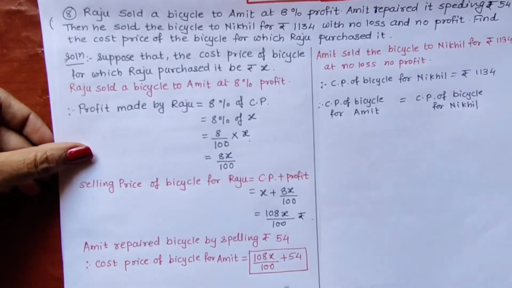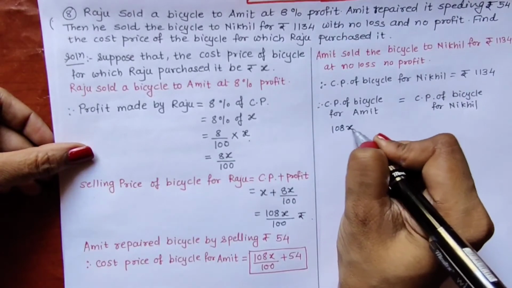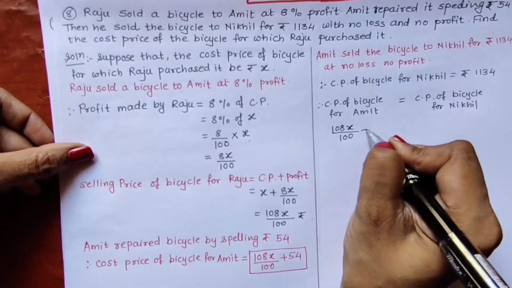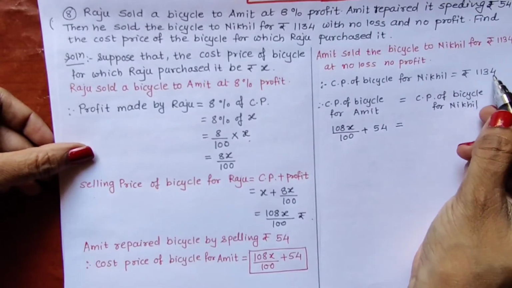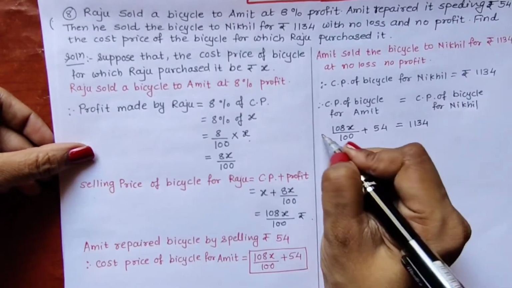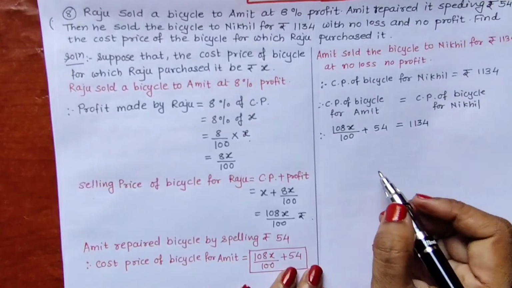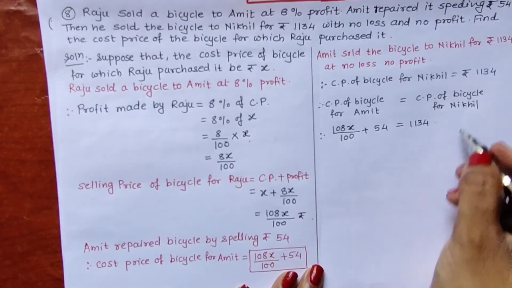Okay. Now the cost price of the bicycle for Amit is 108x upon 100 plus 54, which is equal to the cost price for Nikhil, 1134. Now we have got the equation. We will solve this equation. First we will transfer this plus 54 from the left hand side to the right hand side.